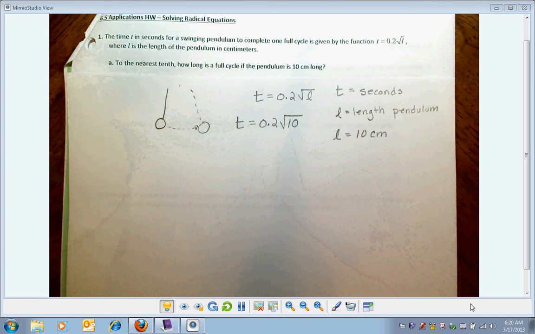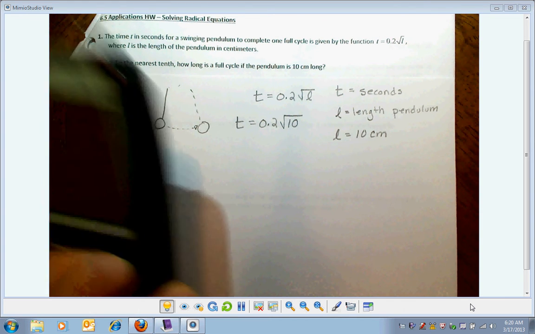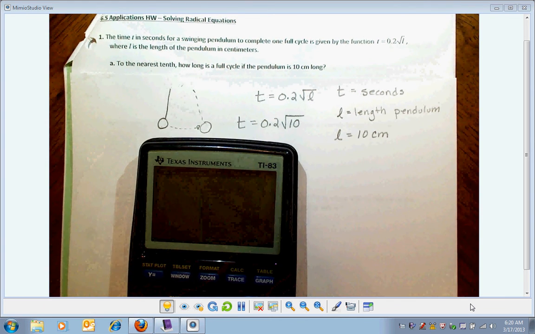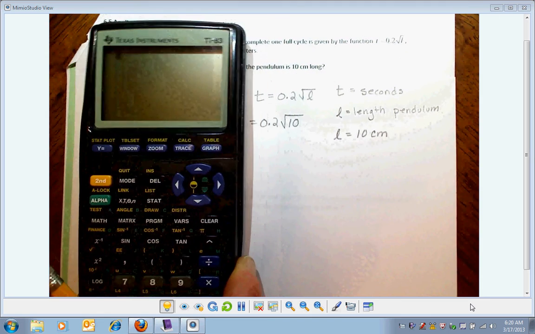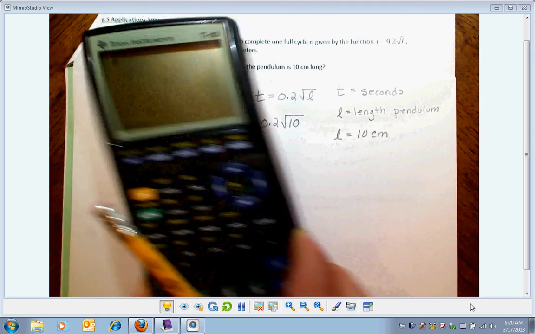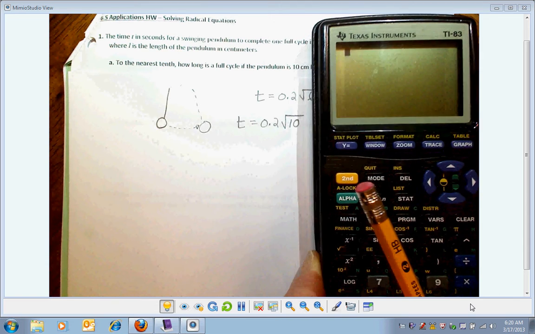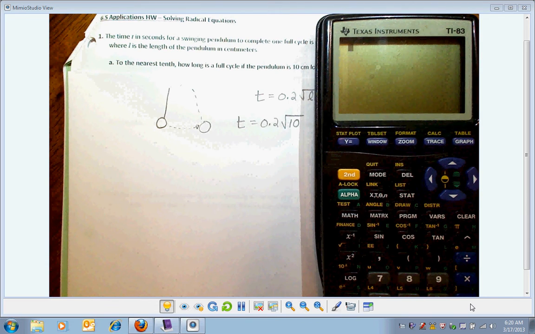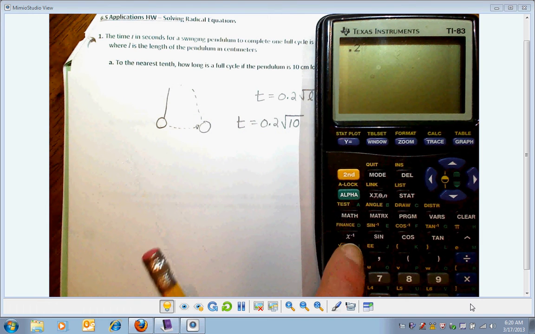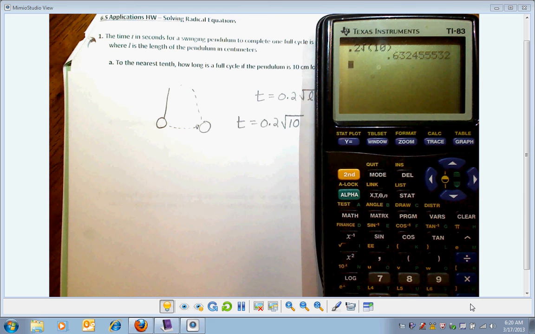So in order to do this problem, I have to use my calculator because I don't know what the square root of 10 is. Let me put this in a place where maybe we can see the screen a little bit better in the light. So I'm going to put in 0.2 times the square root of 10, and I just need it to the nearest tenth.